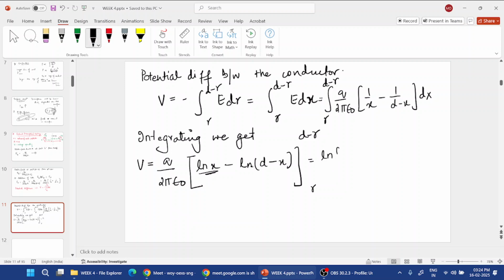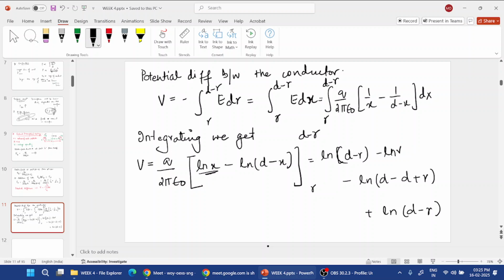First of all log(d−r), minus log r, then log(d−d+r), then minus log(d−x), in place of x it is r.